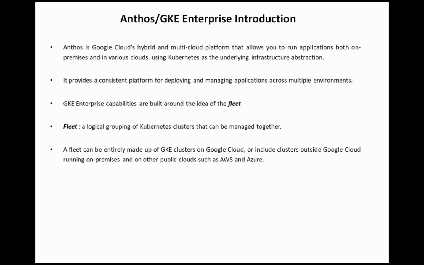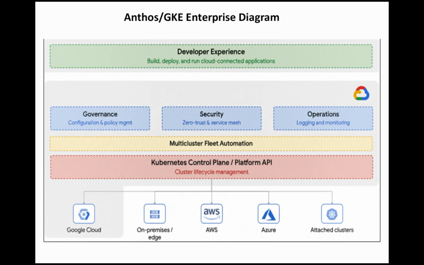If you search Google for the architecture diagram for Anthos, you don't find the old Anthos architecture diagrams; rather, you'll be redirected to GKE Enterprise. That's the latest diagram, which you can see on my screen, and that's what Google typically recommends. This is the ecosystem of Anthos.